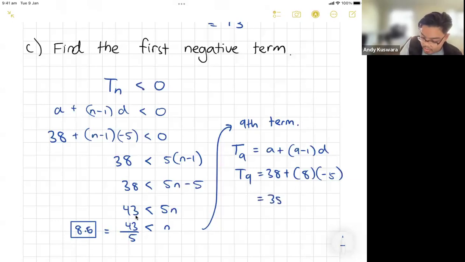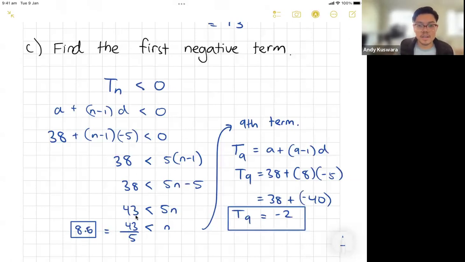It's going to be 38 plus negative 40, and that sounds about right. It should be minus 2. So that means my 9th term will be minus 2, and that's my first negative term. Hope that helps. I'll catch you guys in the next one. All right, bye.